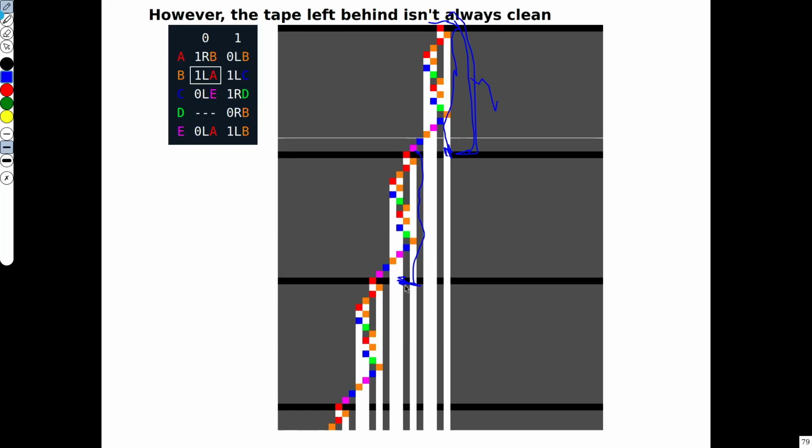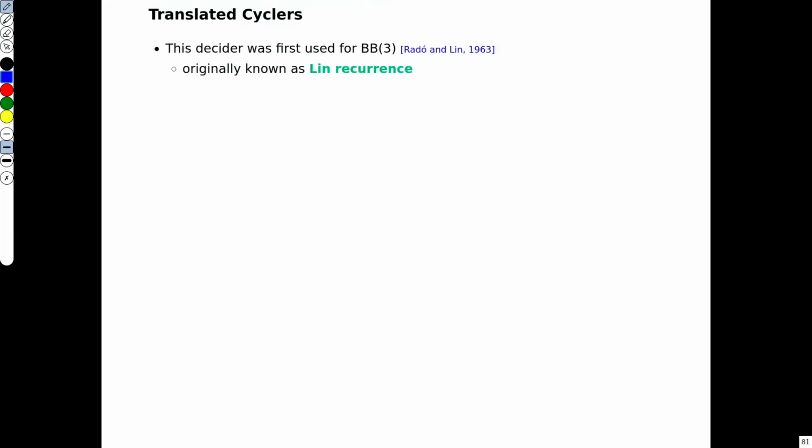And because of that, we only have to compare this part of the tape, and we get to ignore this part. And this is also relatively easy to write an algorithm for. This was first presented in the 1960s, and it was used for the BB of 3. If I remember correctly, BB of 2 can be fully solved with just this decider.